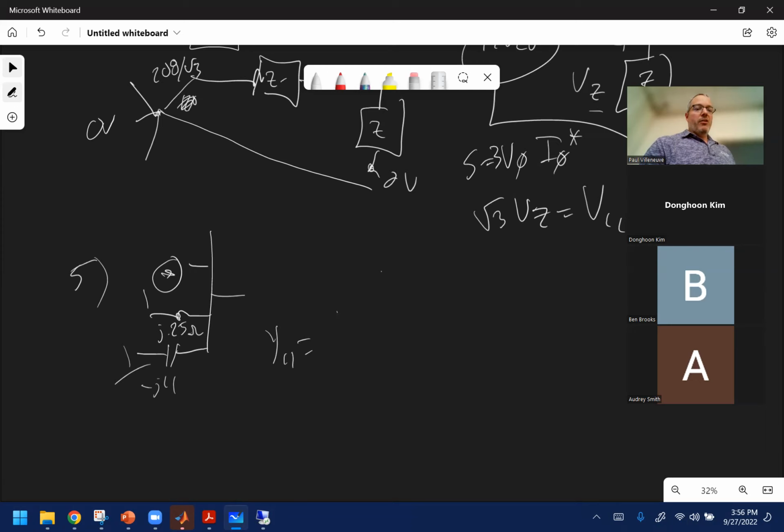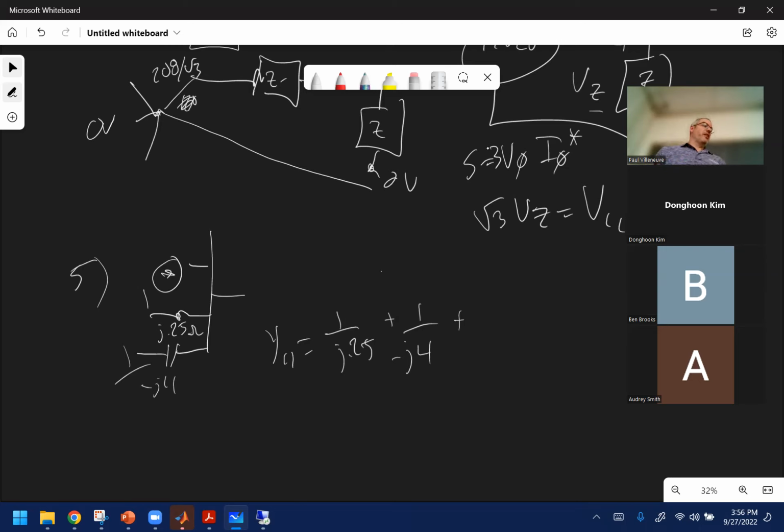Y11 is equal to 1 over J.25 plus 1 over minus J4 plus on and on. The one thing that I would say is when people were inverting, they were forgetting about the J terms, because when they were building their Y bus, the off diagonals were negative and the diagonals were positive.